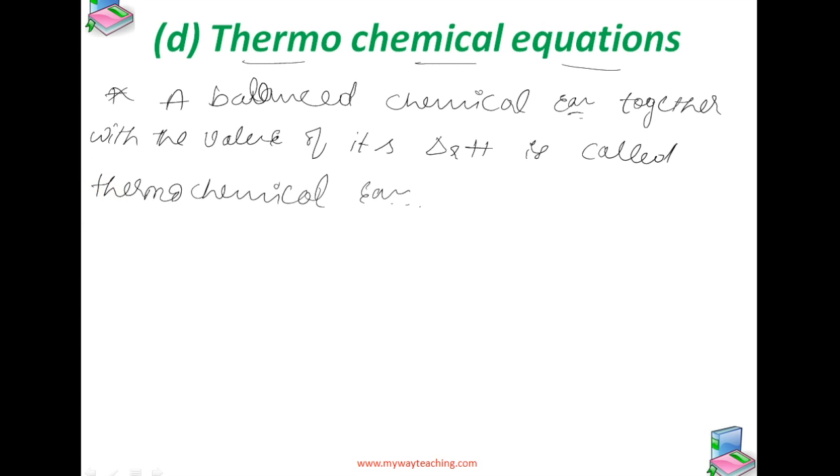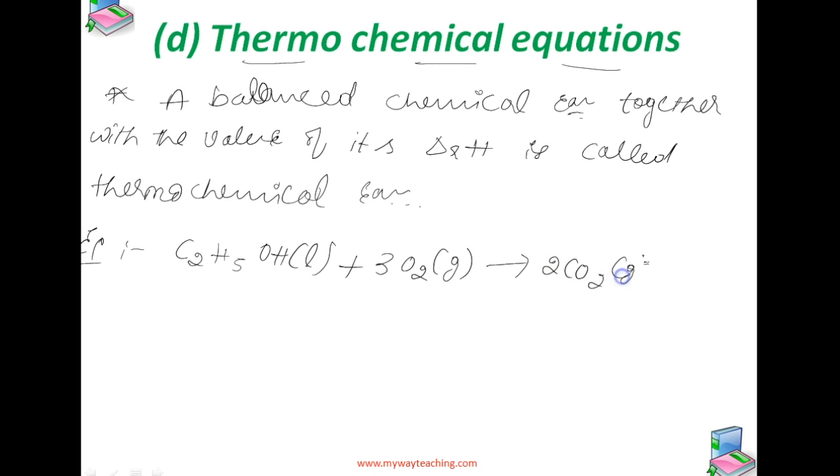For example, I will write down C2H5OH plus 3O2 gives 2CO2 plus 3H2O of liquid.